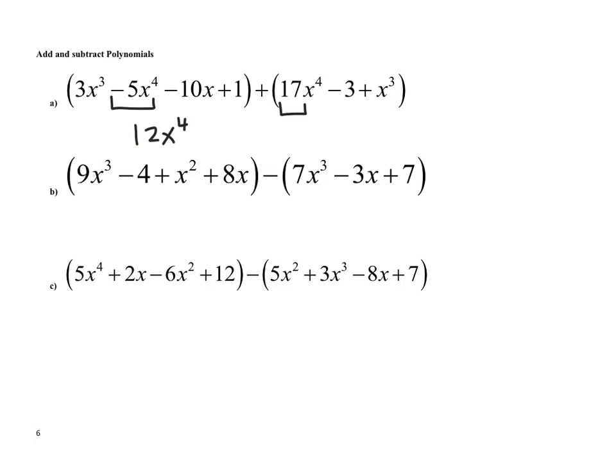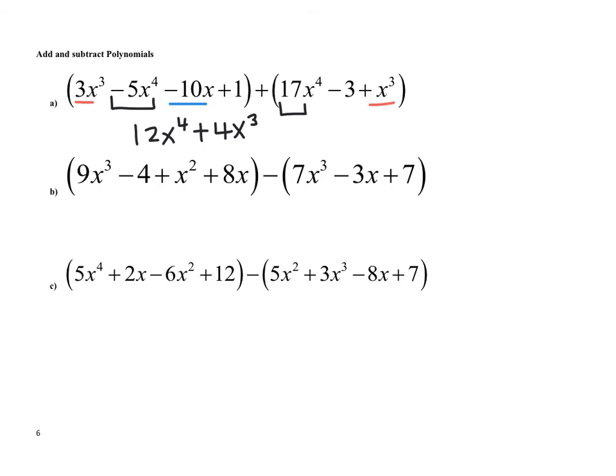So what other term do I have? So I have 3x cubed, so this becomes plus 4x cubed, and then let me go to the next one, negative 10x, and that's all I have.